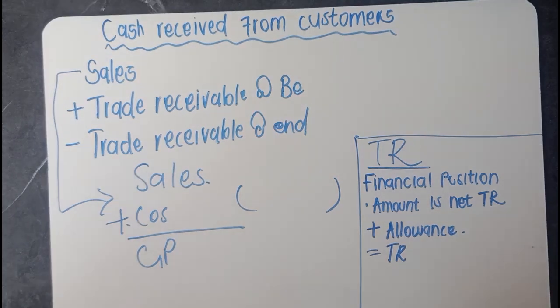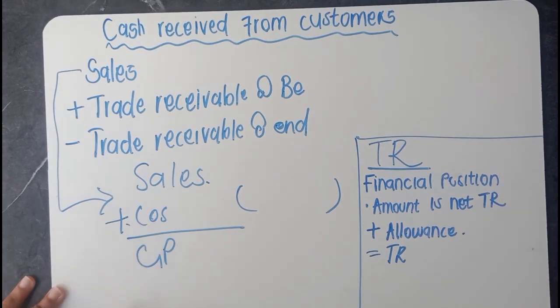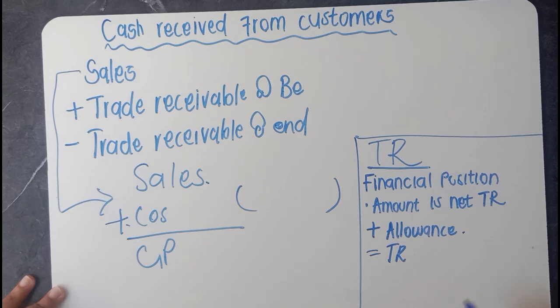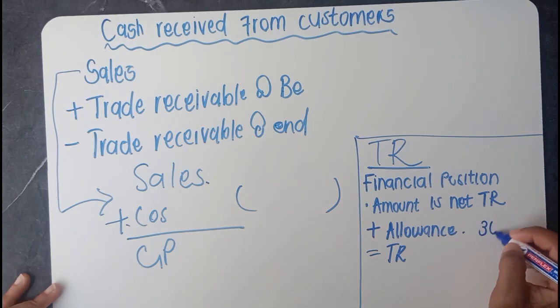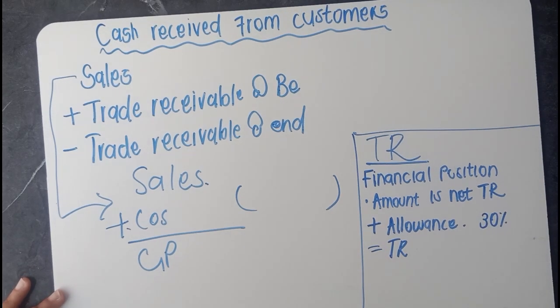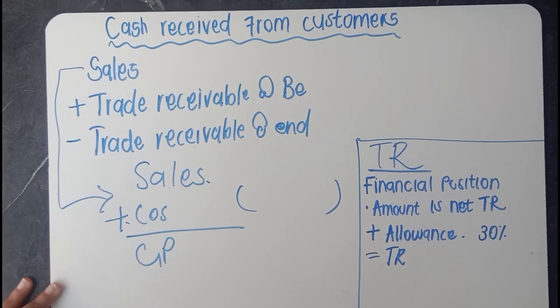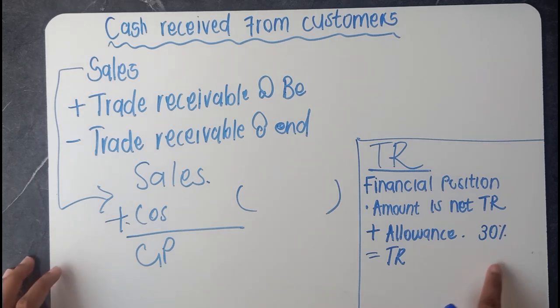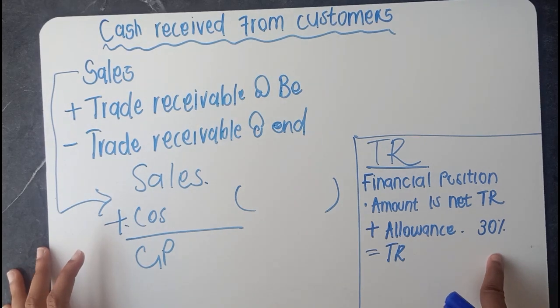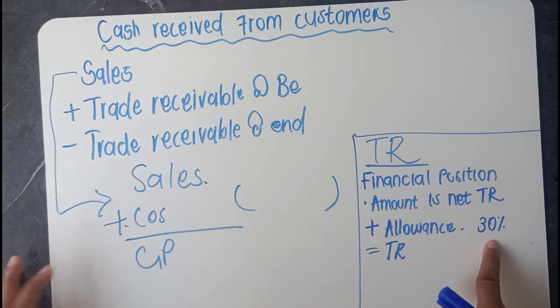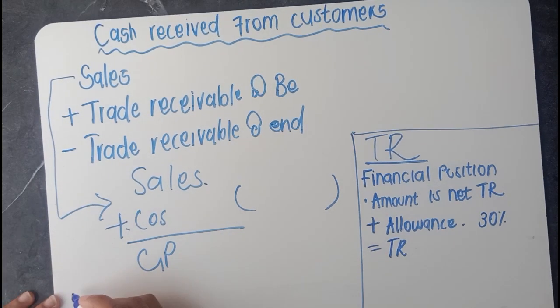How do you get this? Let's make an example. Say they said 30% is the allowance. In questions I've seen, they keep saying it was the same within the years, meaning it didn't change. So you just take the amount that they gave you.